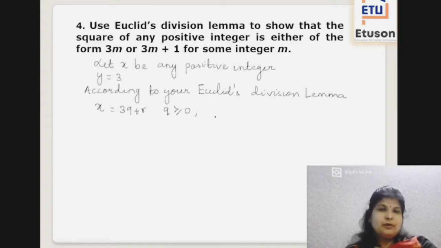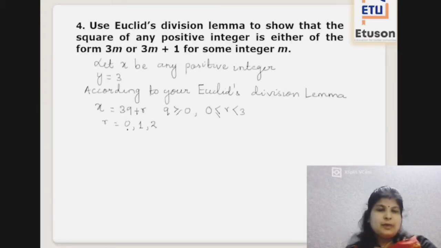And what about the value of the remainder? The remainder is greater than or equal to 0, and it should be less than 3. So what are the possible values of the remainder? The possible values of the remainder are 0, 1 and 2.